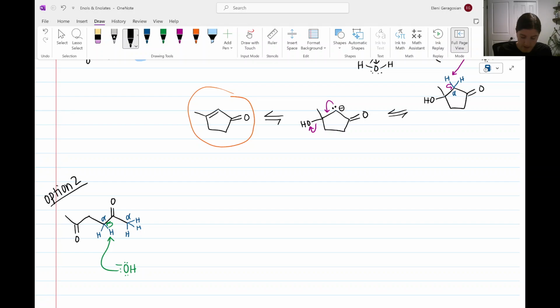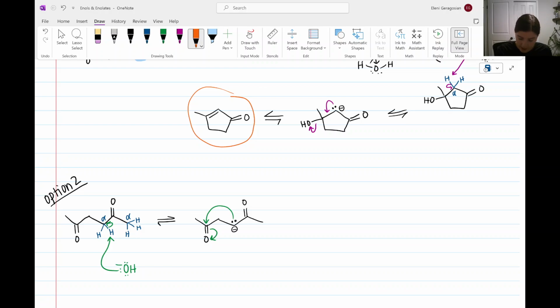Hydroxide removes the alpha hydrogen from the CH2 group. So we have a pair of electrons and a negative charge on this carbon. So the next step is to have the negative carbon create a new bond to the carbonyl carbon, and then the pi bond breaks.